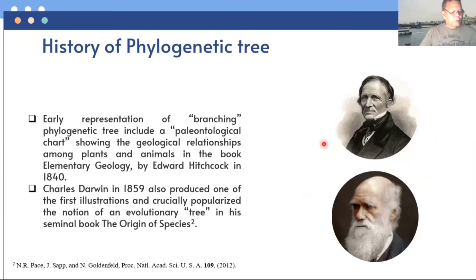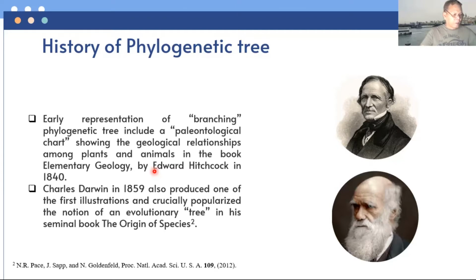Now let's see the summary history of phylogenetic tree. The first one is early representation of branching phylogenetic tree, including a paleontological chart showing the geological relationship among plant and animal in the book Elementary Geology by Edward Hitchcock in 1840.